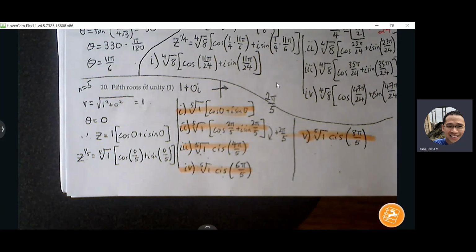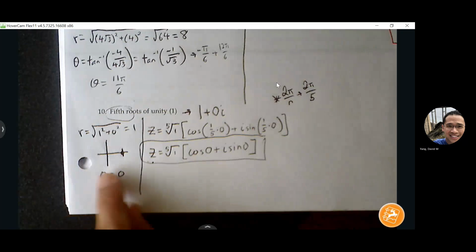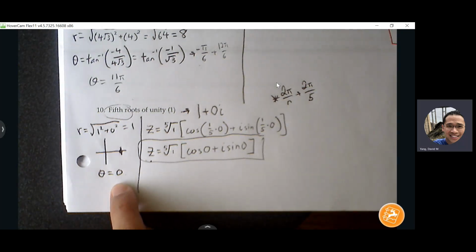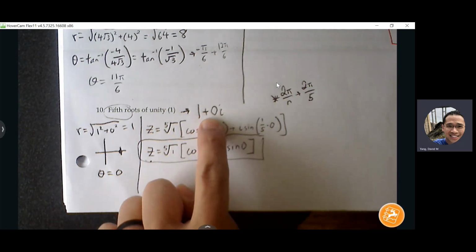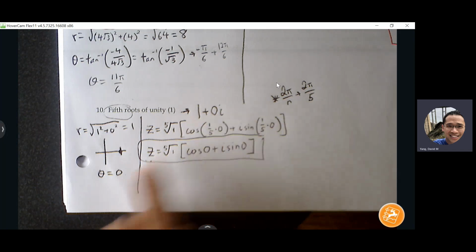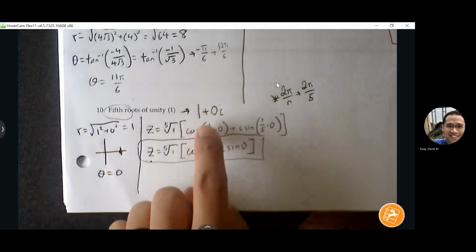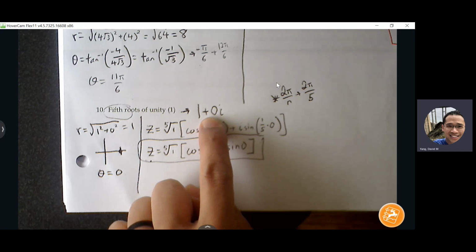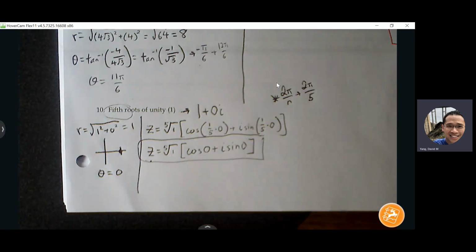Why do you multiply it by 0, or 0 over 5? Oh, because first I need to find theta, right? So theta of my complex number is 0 degrees. Now, if it wasn't as easy to graph, if it wasn't on the axis, then I would use inverse tangents. I thought we were just supposed to use 2 pi.